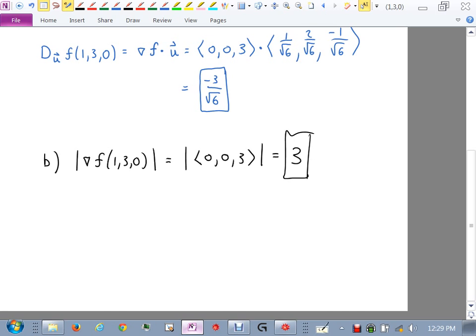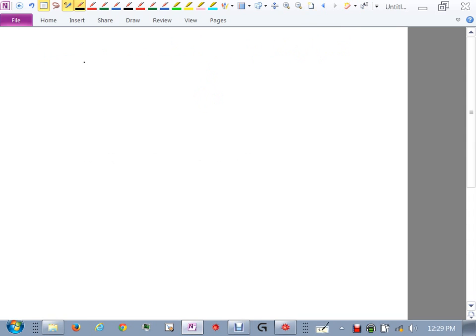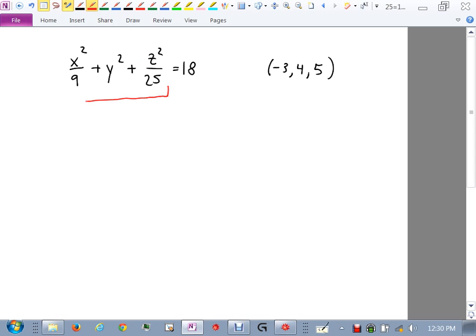So what I'm going to do, I'm going to write down x squared over 9 plus y squared plus z squared over 25 equals 18. (-3, 4, 5) is the point that we're looking at. The left side of this, I'm going to call my capital F of x, y, z.